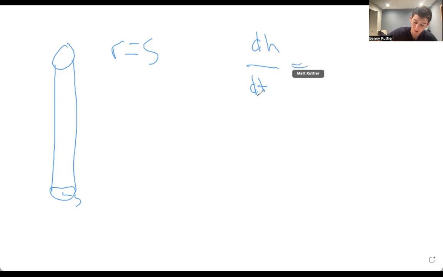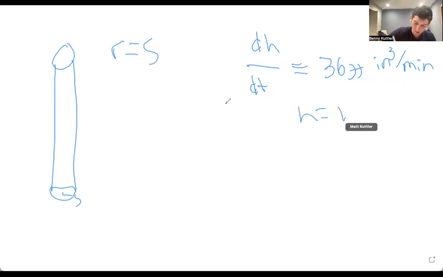And they said that that was 36 pi inches cubed per minute. So now we're asked to find how fast is the height changing when h equals 10. And we have to remember that this h right here is not constant, and this is constant.